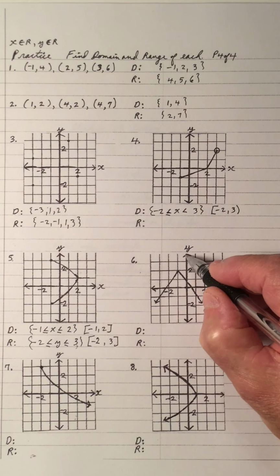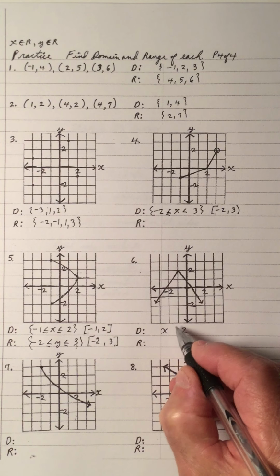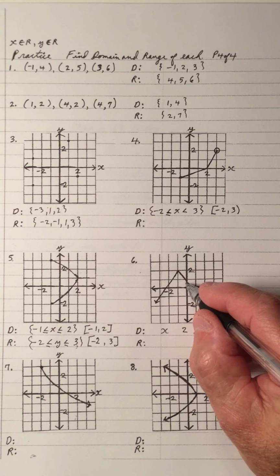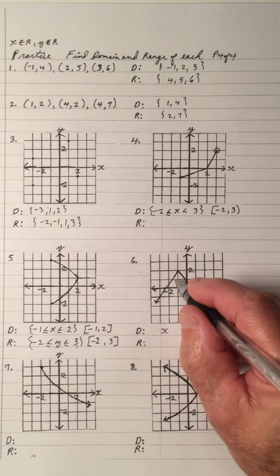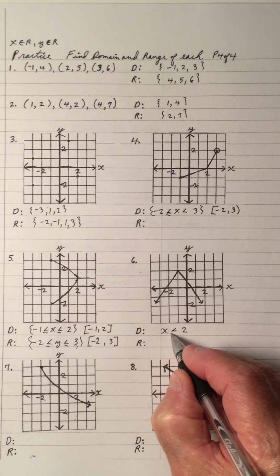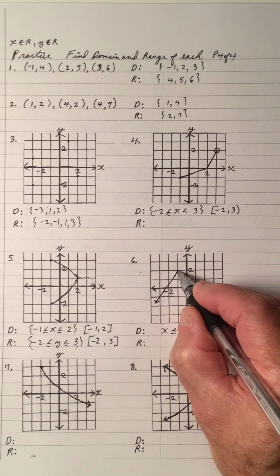So the x values start at 2 and are equal to it and go down. The x values are 2, 1, 0, negative 1, negative 2, and they continue to go down. So x is less than or equal to, because that's a solid dot.